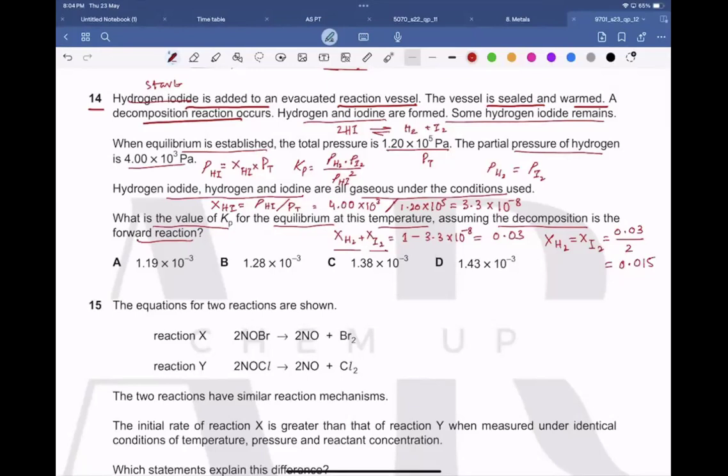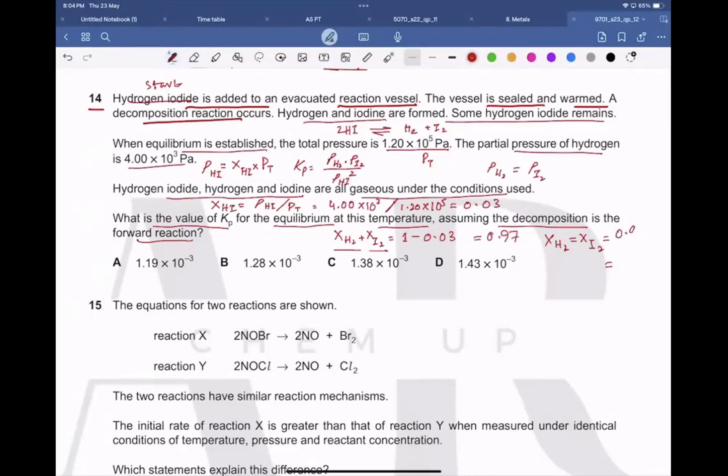Okay, so here you are getting 0.03. So if you subtract 0.03 from 1, what value will we get? 0.97.